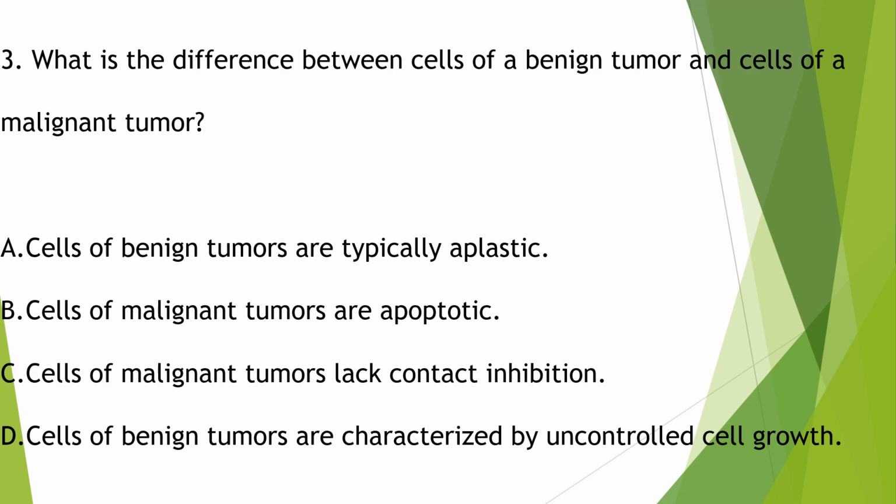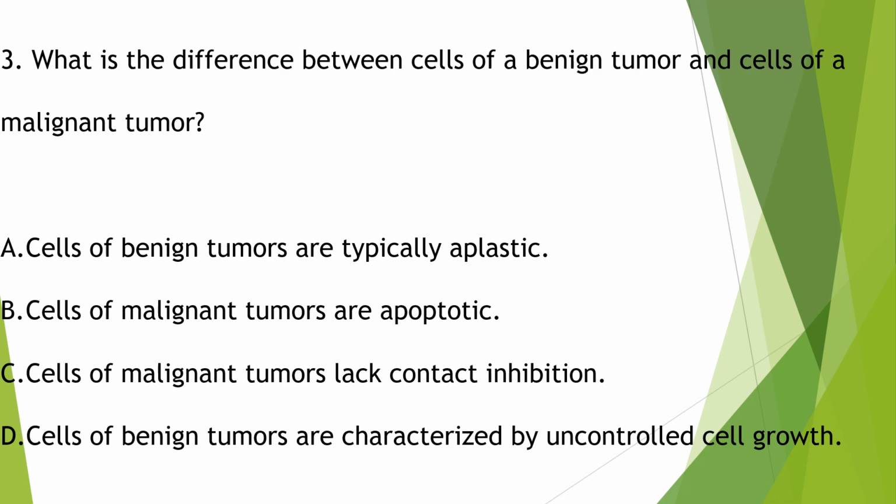We already discussed what apoptosis is: programmed cell death. Benign tumors have programmed cell death, but malignant tumors don't. So the second option is wrong.